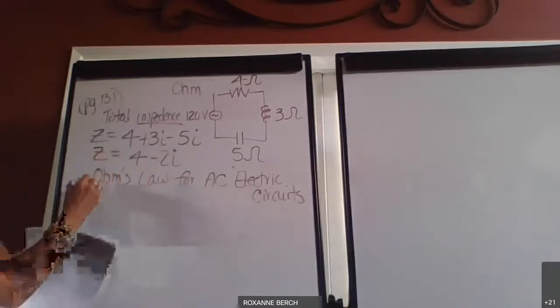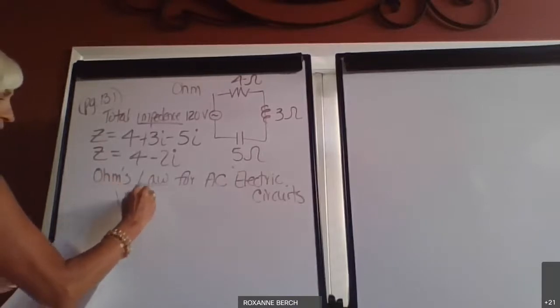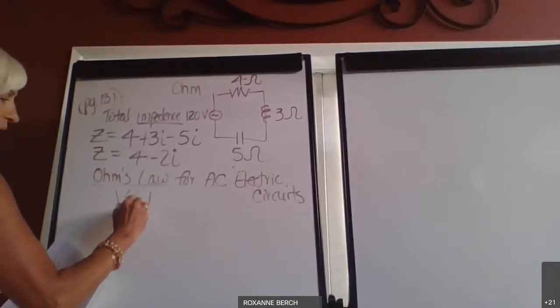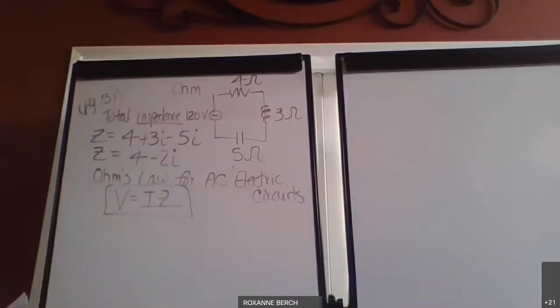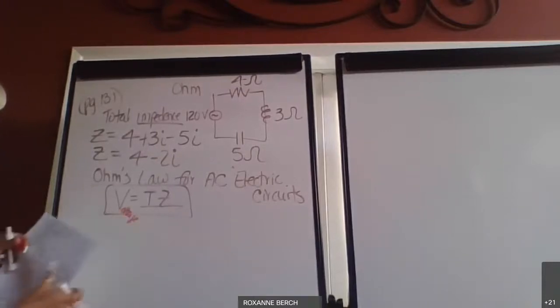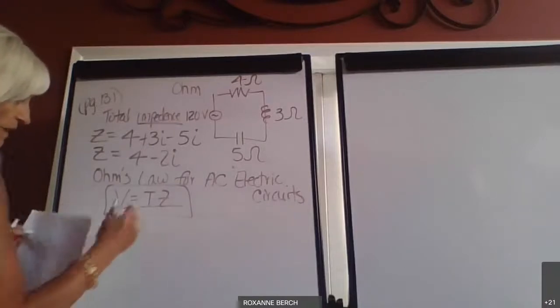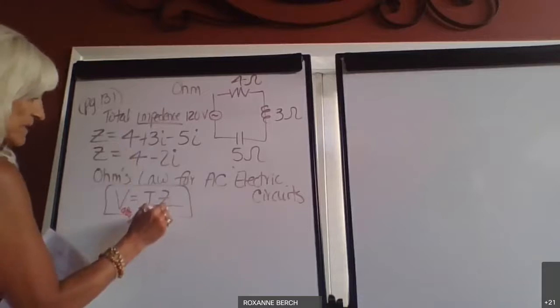Ohm's law for AC electric circuits is voltage equal to I times Z, where V is voltage, I is current, and Z is impedance.